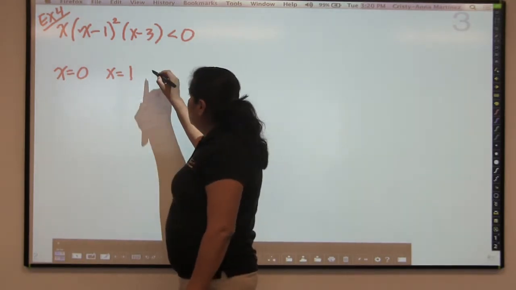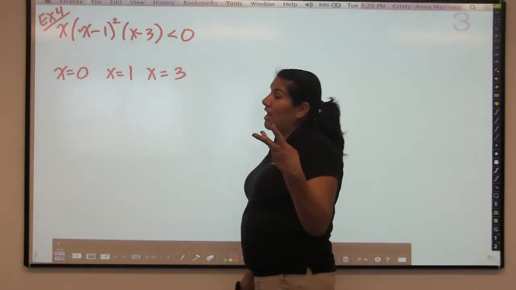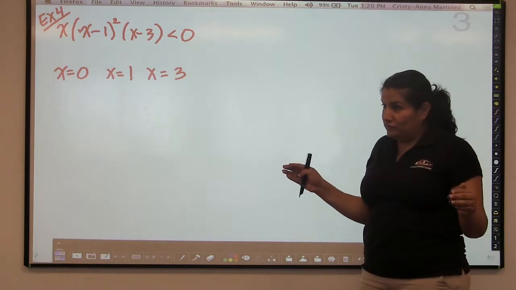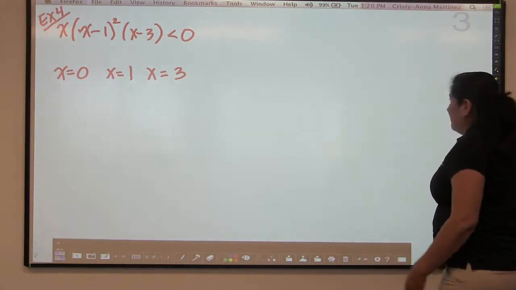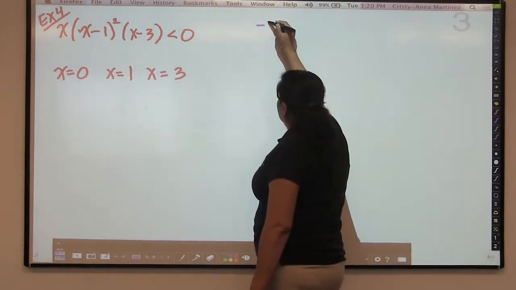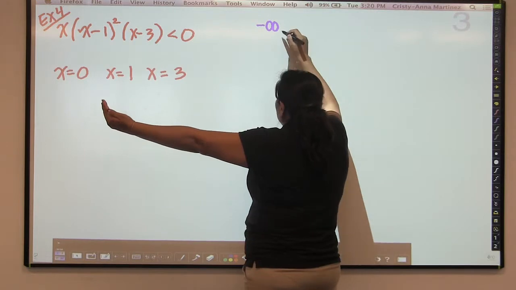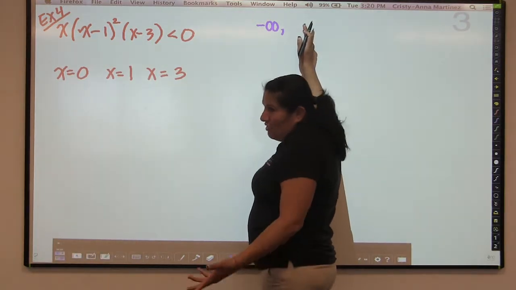All right, and the last one's going to be what? X equals 3. Okay, so now we have 3 values. So we're going to have to split our number line into 4 intervals. So it's not rocket science. Always start with negative infinity, because that's where the number line begins on the left, right? And go all the way up to the smallest number that you have in your list. Usually that number is negative.